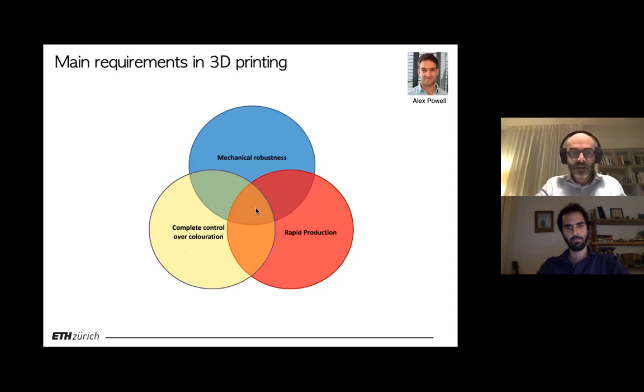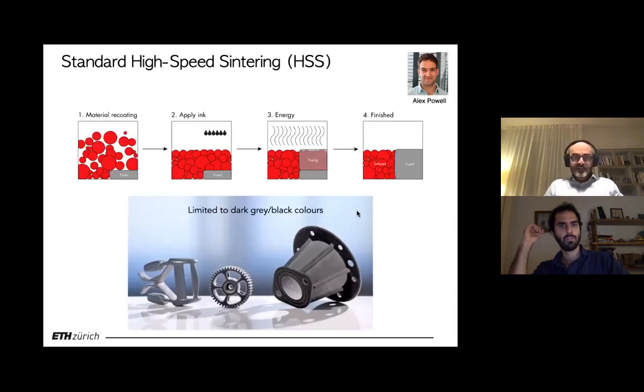Somehow it turns out to be very difficult to be in this sweet spot where you meet the three criteria at the same time. There's a technique called HSS that I'm going to explain in a moment. It's actually doing pretty well because it fulfills these two aspects here, but unfortunately there's no control over the aesthetics. And so the idea is whether we can move these things nearby here. So what is HSS?